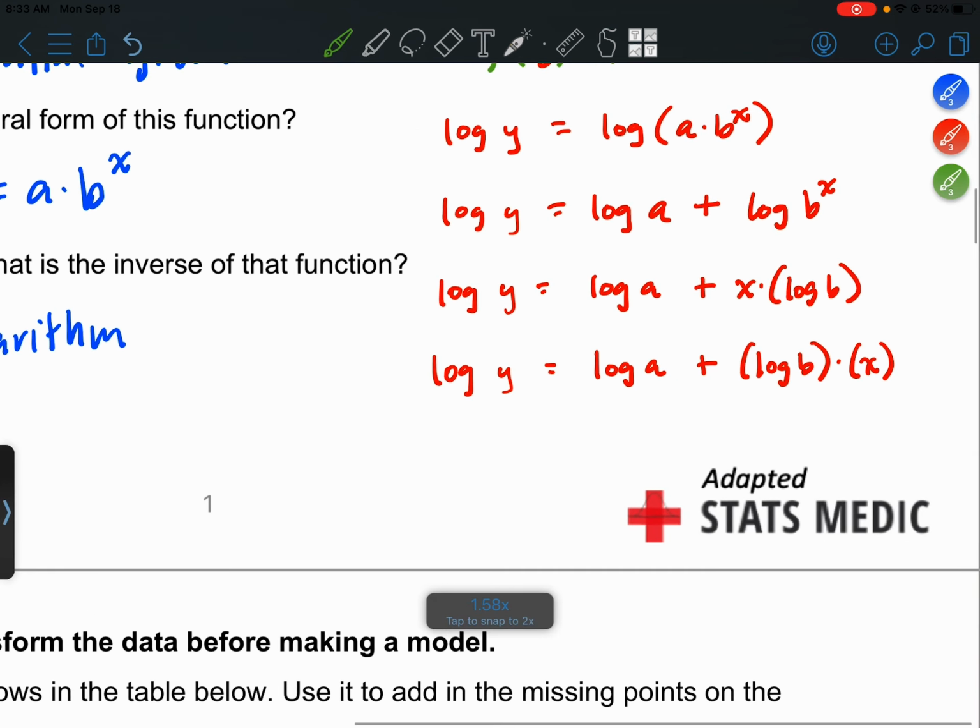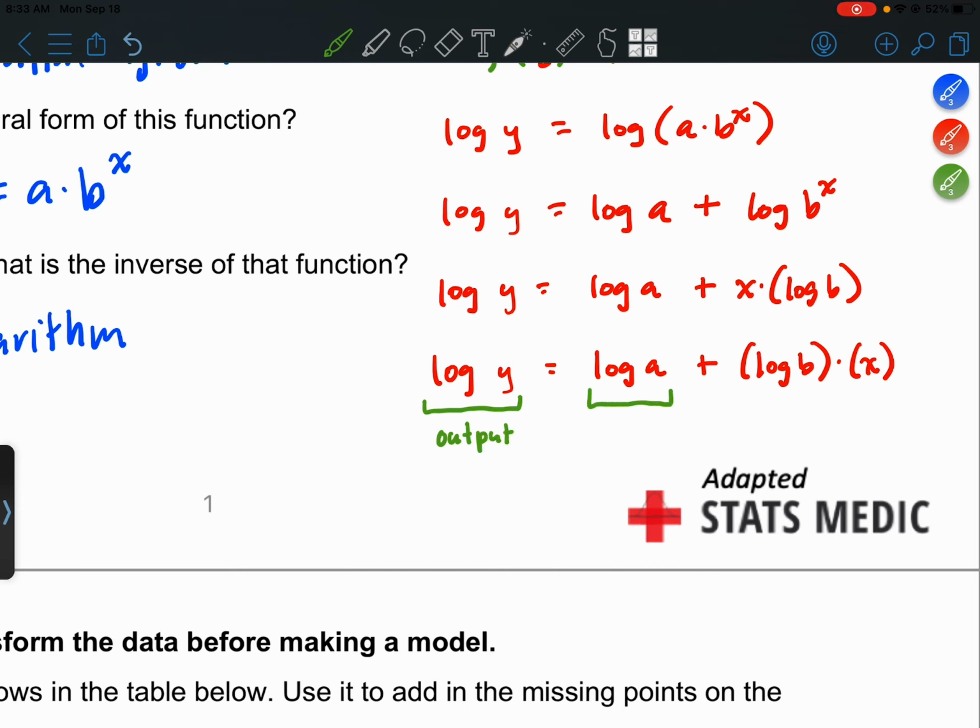Now looking at this at first glance, it doesn't look like a linear function. But if you just consider the entire expression log y as the output, and then log a is just a number, right? a is just a number, it's a constant, so its logarithm is just a number as well. So this represents the constant or y-intercept of the model.